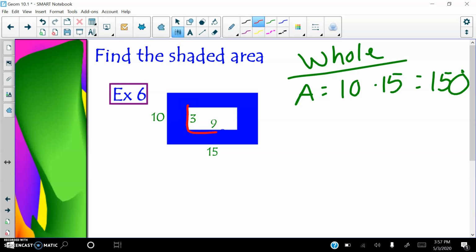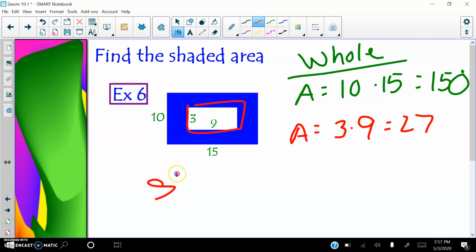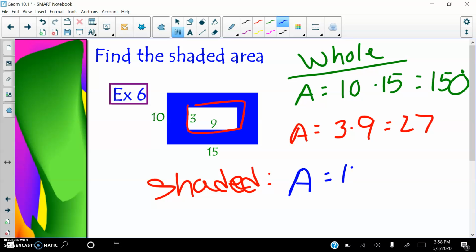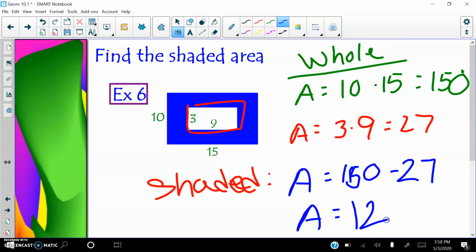And then if I want the area of this little white space, 3 times 9 is 27. So for the shaded part, I can just subtract. The area is 150 minus 27. 150 minus 27, quick maths, 123.